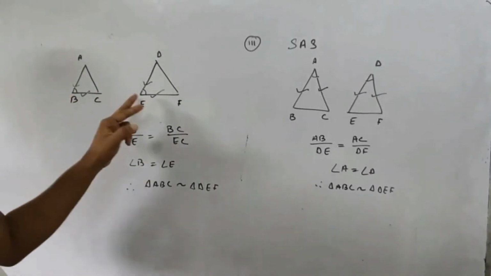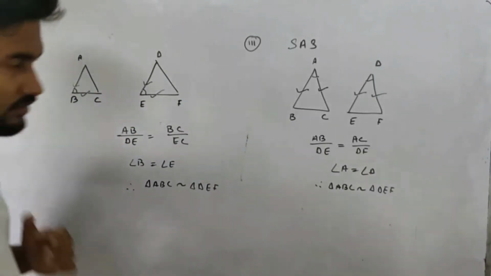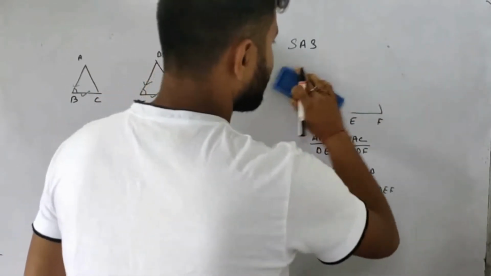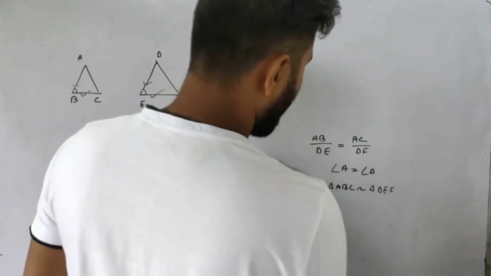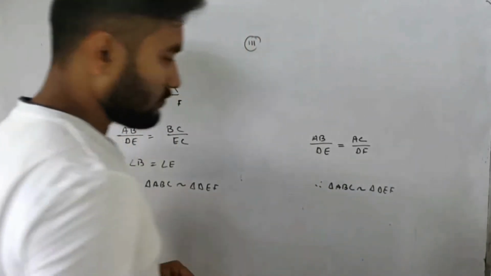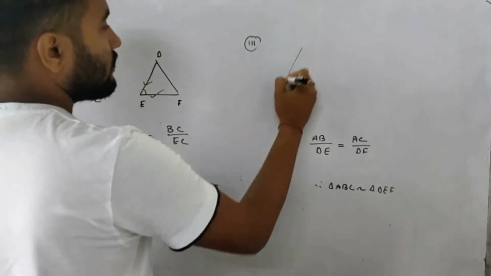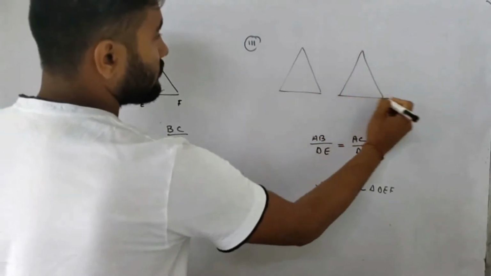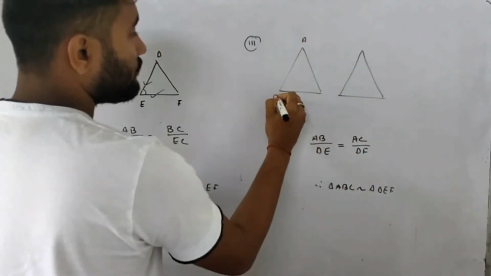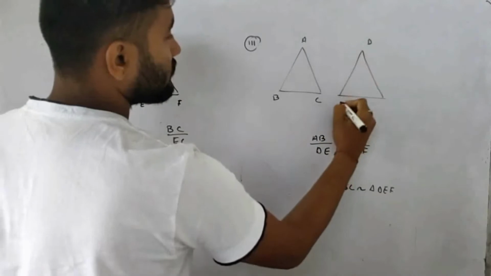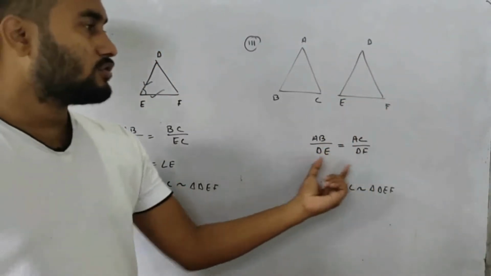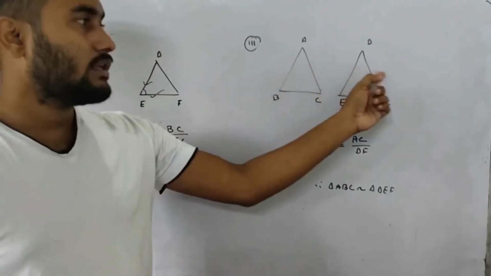But if you cannot show this angle, say for example you have shown these two sides are proportional, this side, this side.